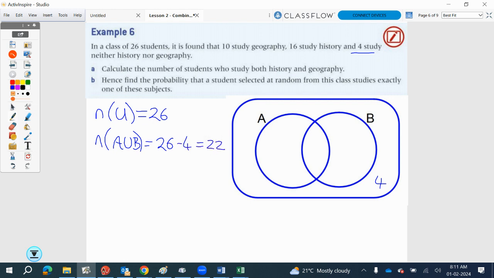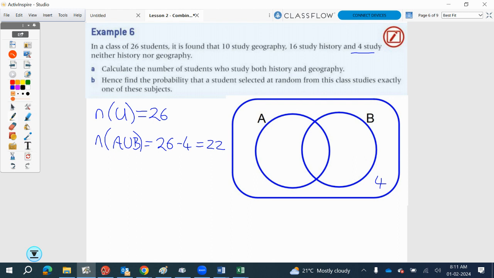Open up the formula sheet that I've given you on the table and turn to page 5. Find the formula for combined events.